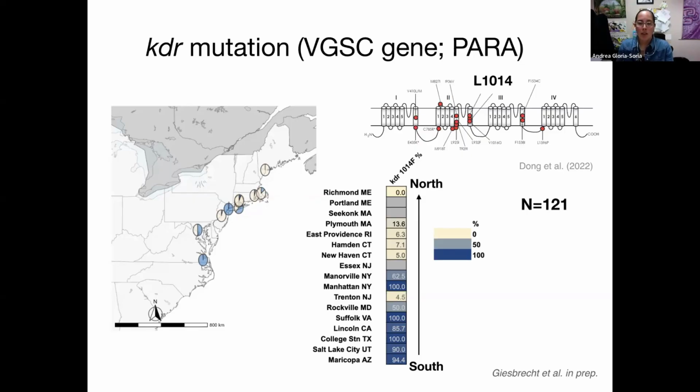And here are the results of that analysis, where we can see that the Culex quinquefasciatus populations in general tend to have a very high frequency of KDR alleles. And as we move north, this frequency drops until we go all the way to Maine. Now, there is an exception in the middle: the Manhattan population has about 100% KDR mutations.